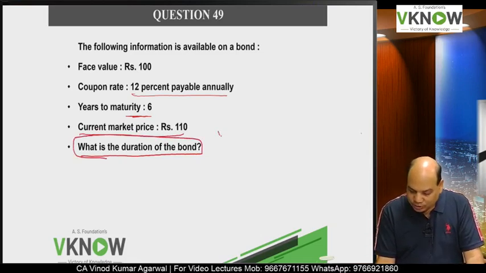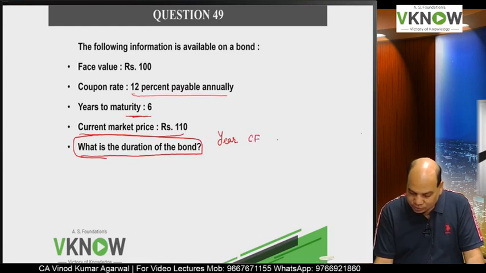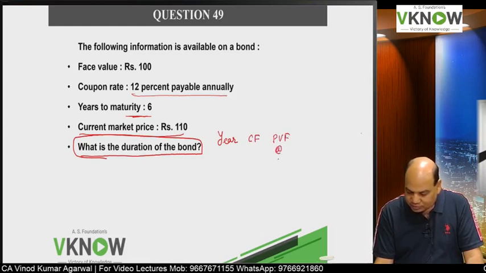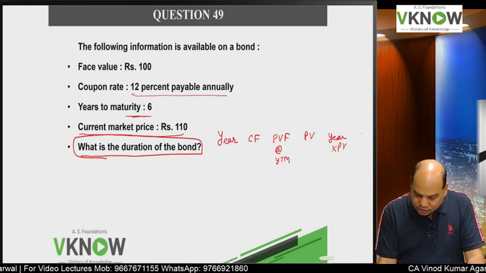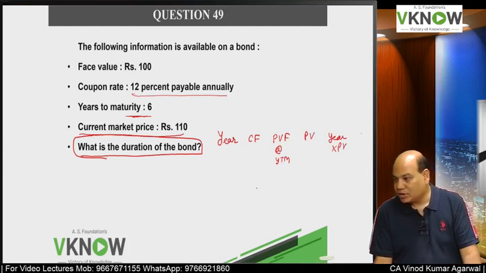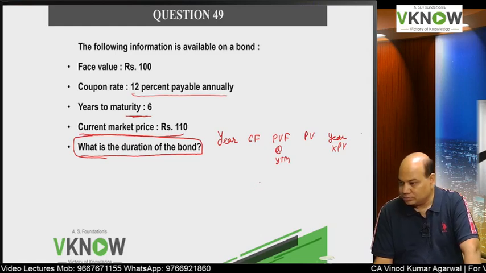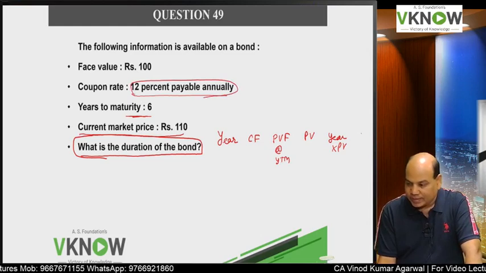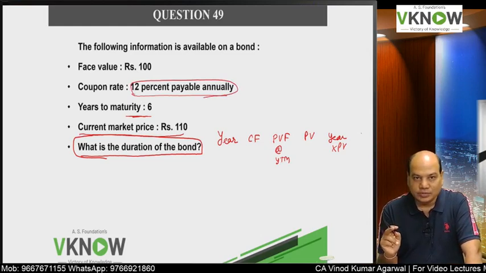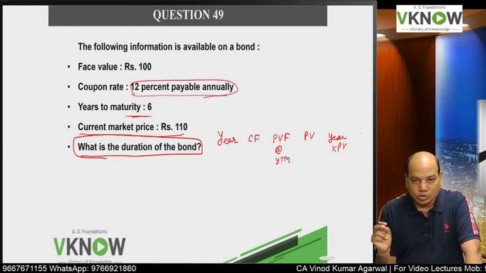In order to calculate duration, you will require the year column, cash flow column, present value factor at YTM, which is not given, present value, and year into present value. So I need a discount rate. Is the discount rate given in the problem? Discount rate is not given, coupon rate is given. Can I say discount rate is equal to the coupon rate?